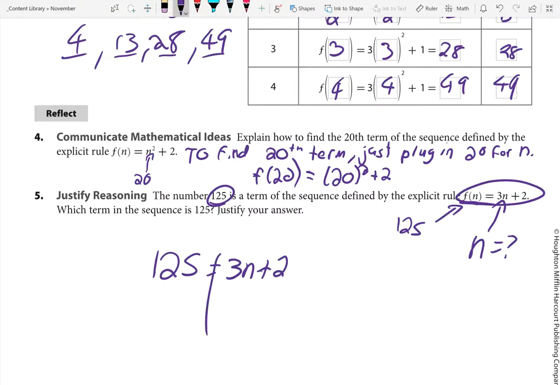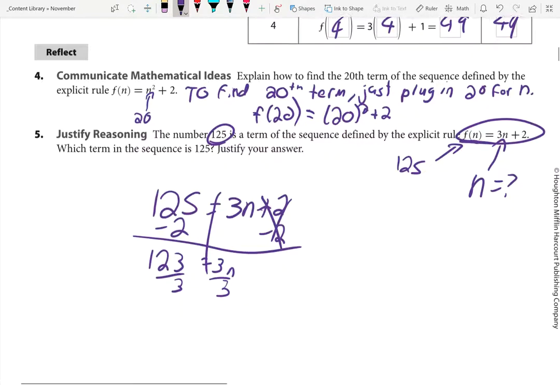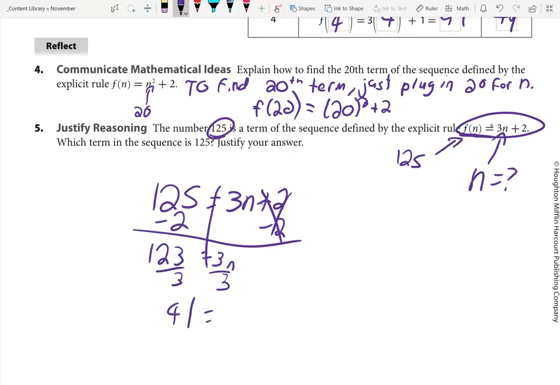So it's just a little bit of algebra. We subtract 2, cancel that out. That's going to be 123 equals 3n. And then when you divide by 3, I believe this comes out to be 41, I think. Okay, and it's 41. So what that means is that 125 is the 41st term.